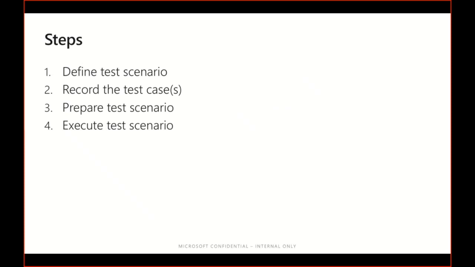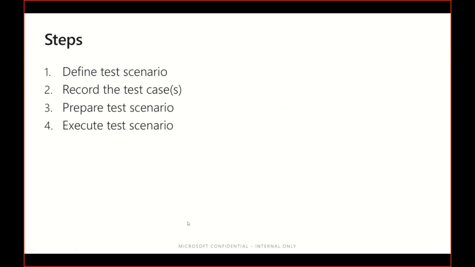We're going to need to record them, and that's my second step. Then once we have done the recordings, typically we would prepare a test scenario that includes all those recordings. And of course, the last step in the life cycle is that we would be playing back at regular timings. We would execute the test scenarios against our environments.